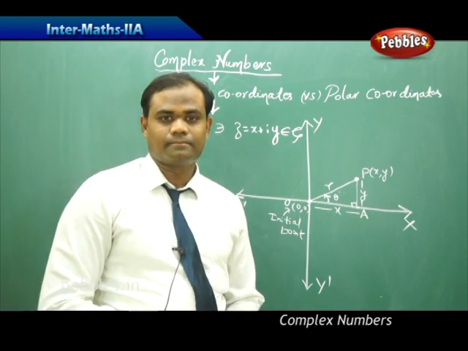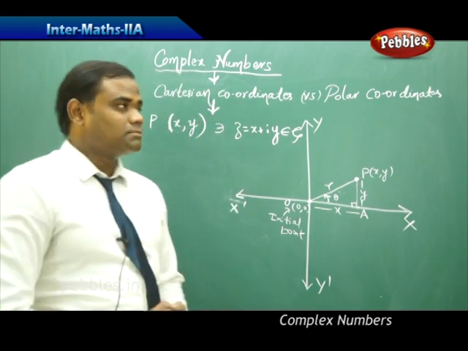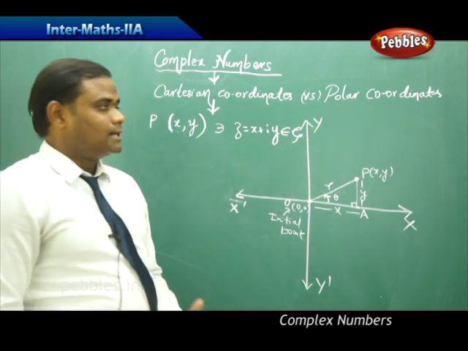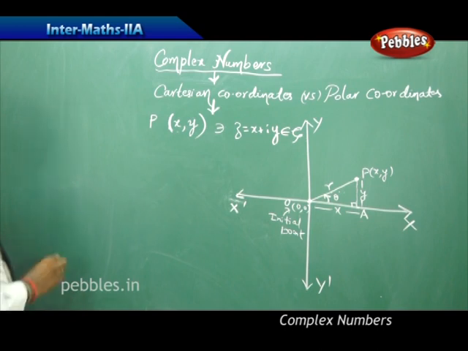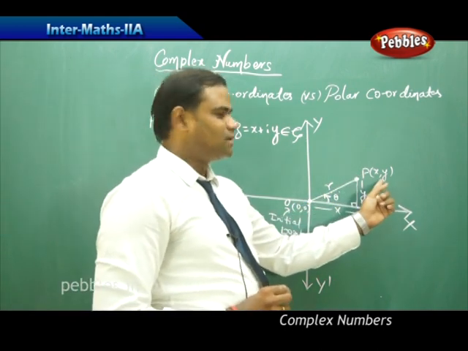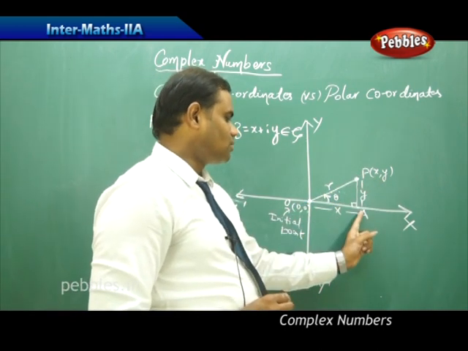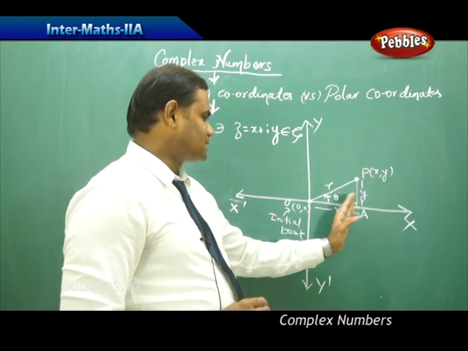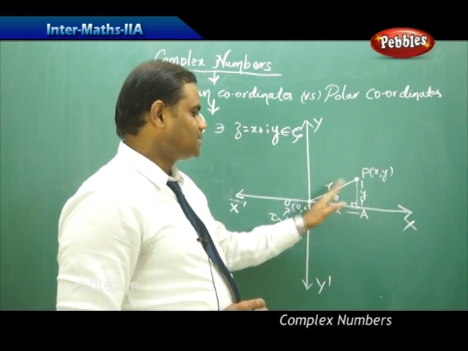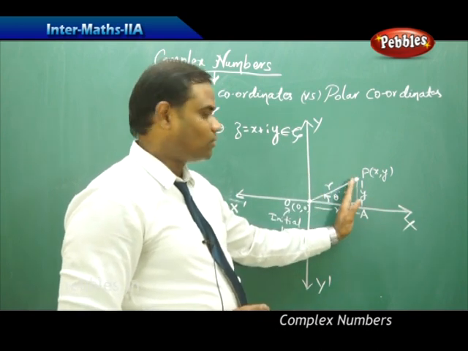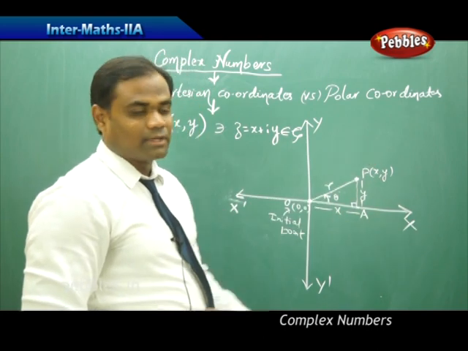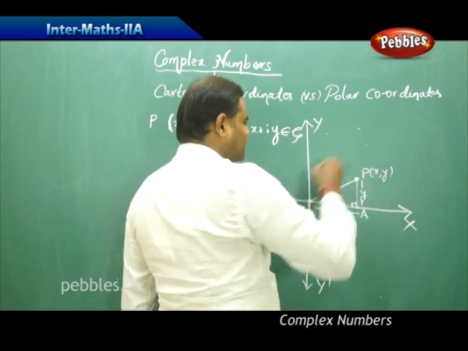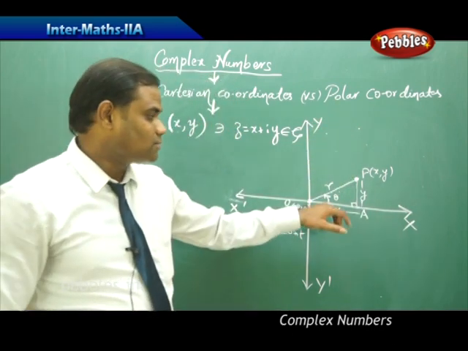To continue with the session, here comes the question of what are polar coordinates and what are Cartesian coordinates. As I take here, I clearly see that if the point P is here, it is x units from the origin and y units from the x axis. So every point which lies on the plane will have different values of r and different values of theta.